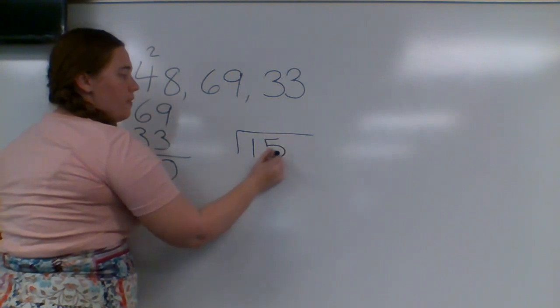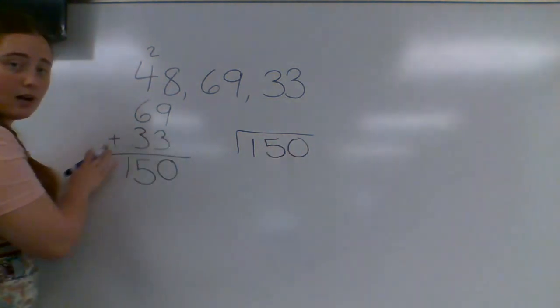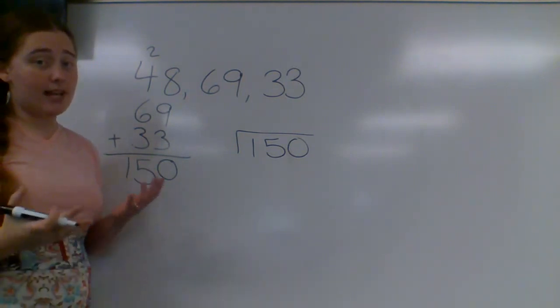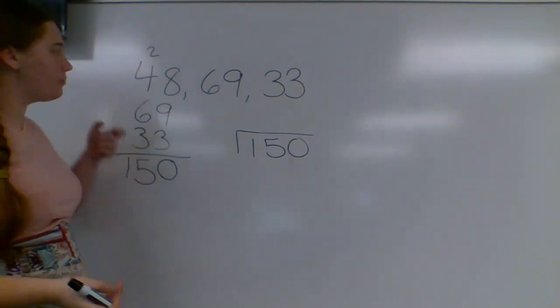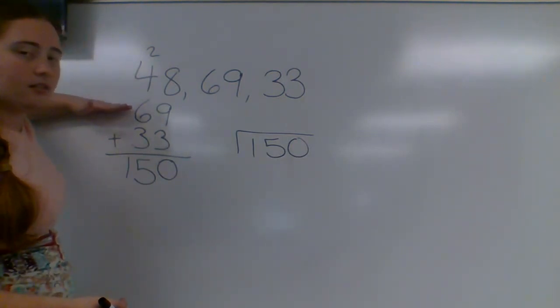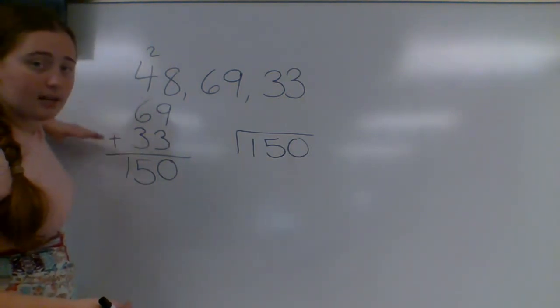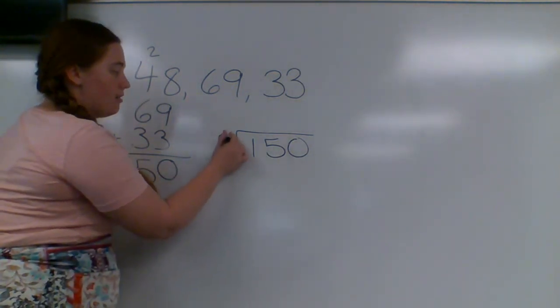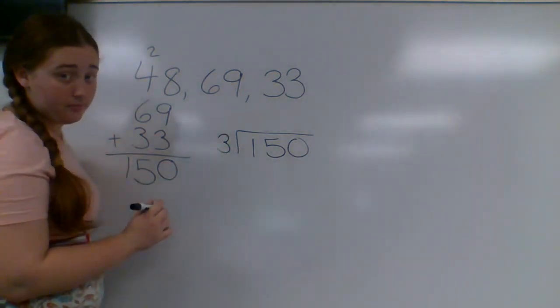Write 150 because that's the answer to my addition problem. And then I need to count how many numbers I added together. Well, I had 48 plus 69 plus 33. That's 3 numbers that I added together. So over here, I'm going to write 3.